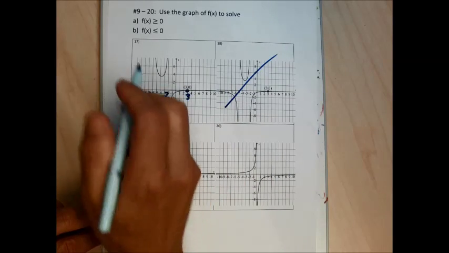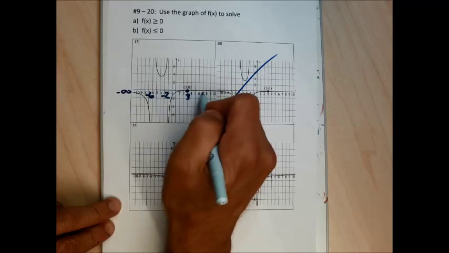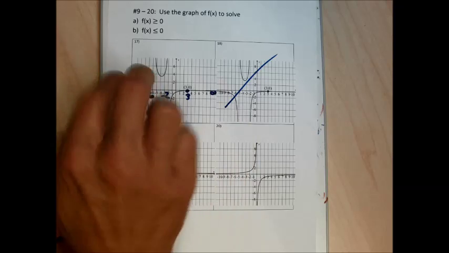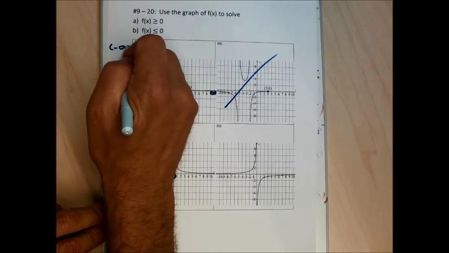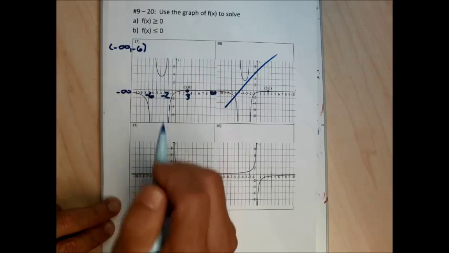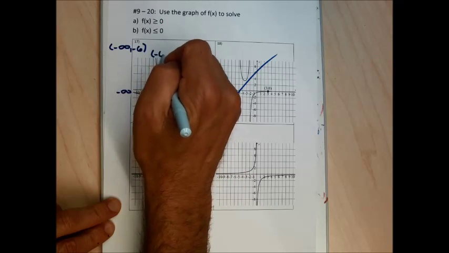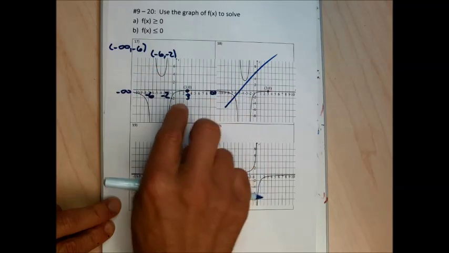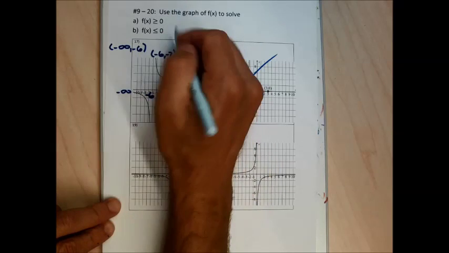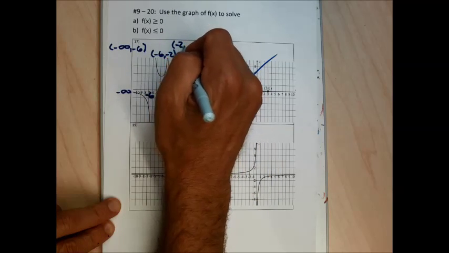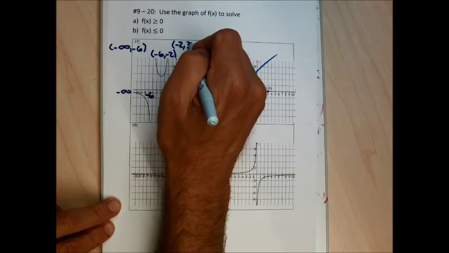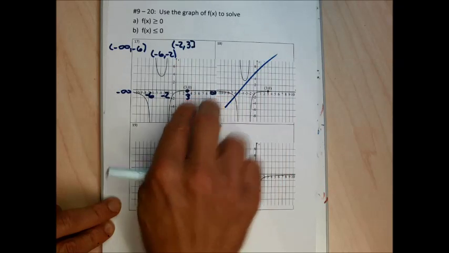So for 17, the intervals I'm going to create: first interval is negative infinity to negative 6, round bracket because of the vertical asymptote, negative 6 to negative 2, double round brackets because of the vertical asymptotes, negative 2 to 3, round bracket on the vertical asymptote at negative 2, square bracket on the 3, and then 3 to infinity.